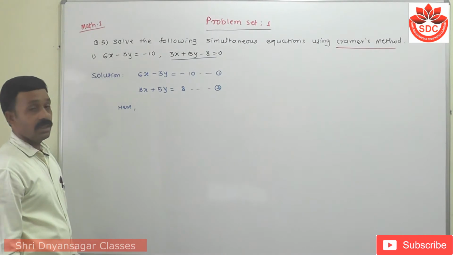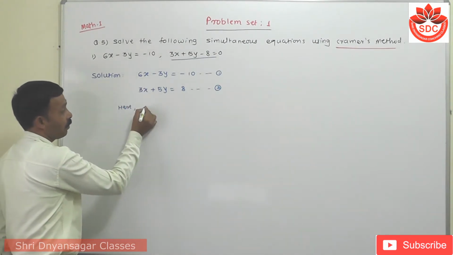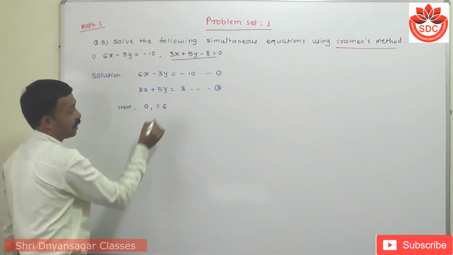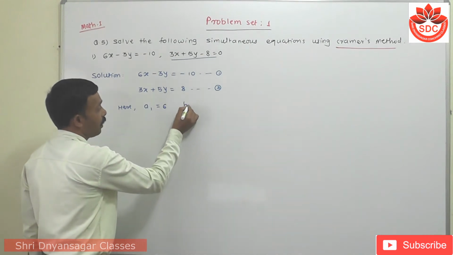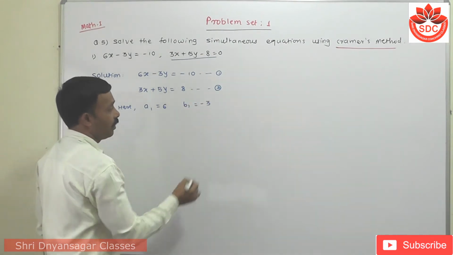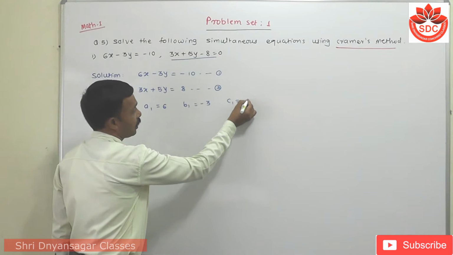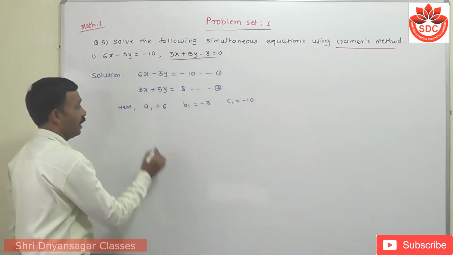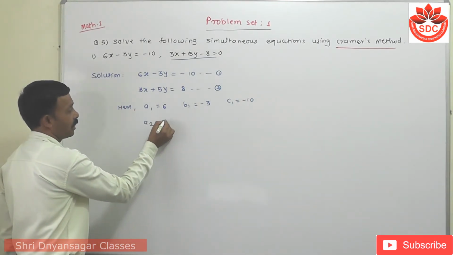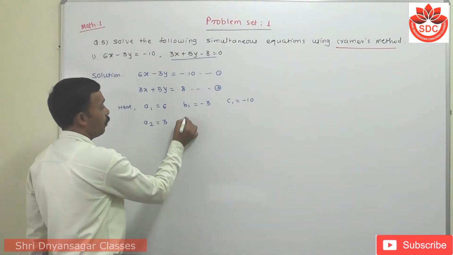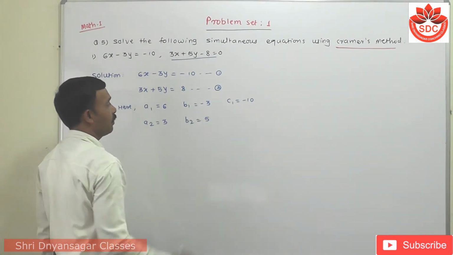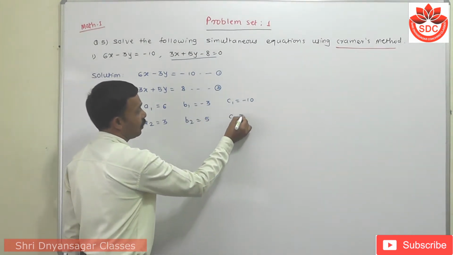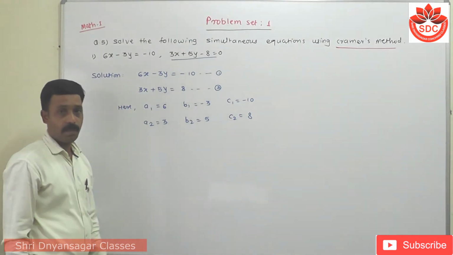Now when we compare this with the standard form, the value of a1 is equal to 6, value of b1 is equal to minus 3, value of c1 is equal to minus 10, then value of a2 is equal to 3, value of b2 is equal to plus 5, and value of c2 is equal to 8.